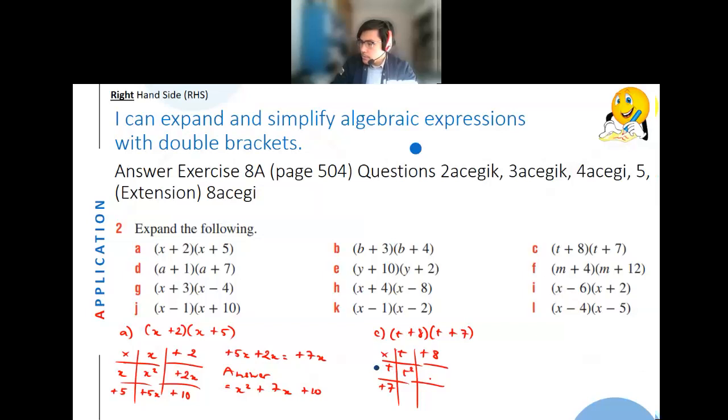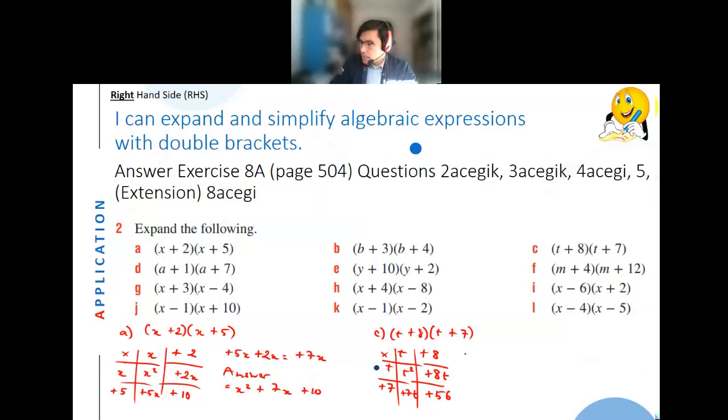T times plus 8 is plus 8t. Plus 7 times t is plus 7t. And plus 7 times plus 8, positive and positive again is a positive. 7 times 8 is 56.